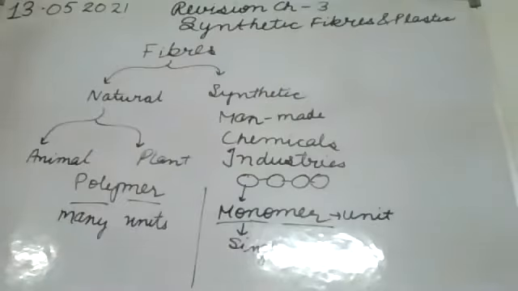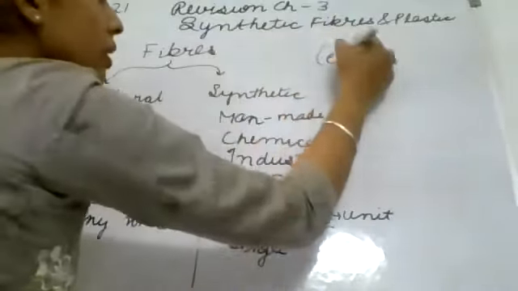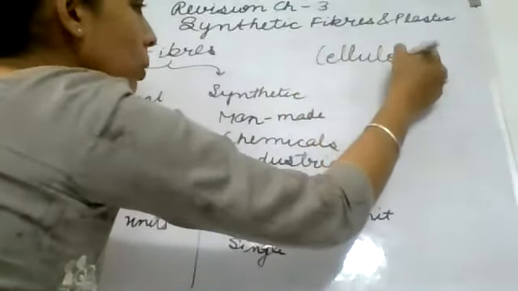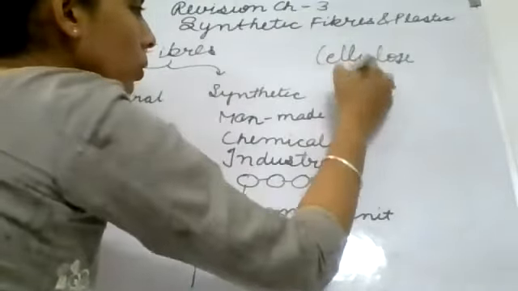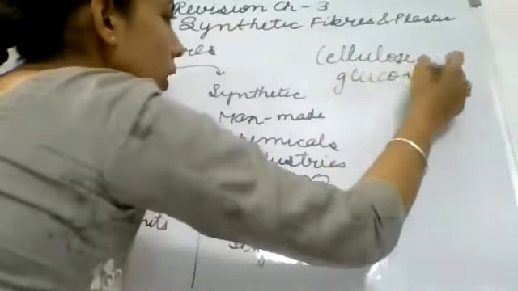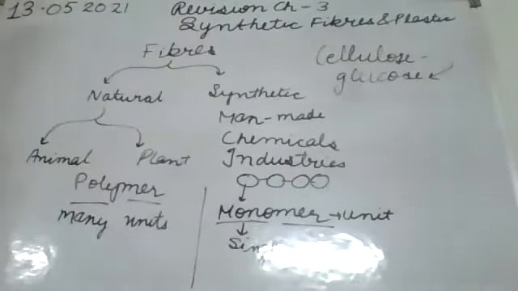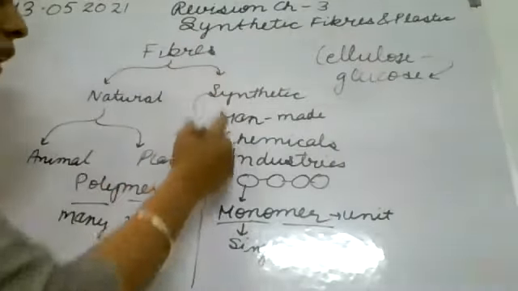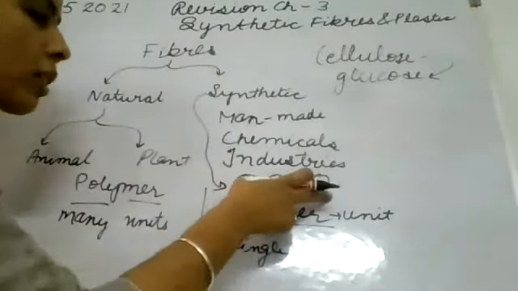So what is cellulose? Cellulose is made of a large number of glucose units. Its monomer is glucose. You all have heard about glucose. So the monomer of cellulose is glucose. And you all know that synthetic fibers are formed by joining these units.